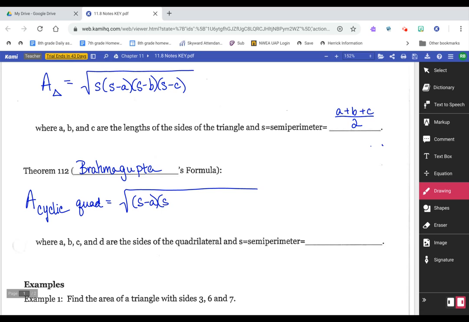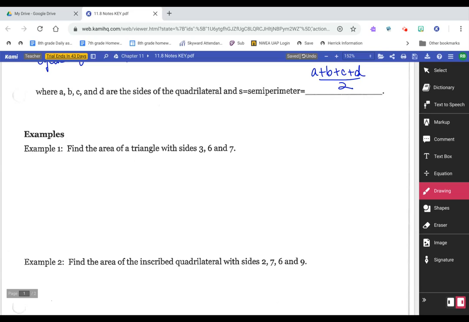So s minus a times s minus b times s minus c times s minus d, where a, b, c, and d are the sides of the quadrilateral, and s, again, is the semi-perimeter. So we have the 4 sides, a, b, c, and d, added together, divided by 2.